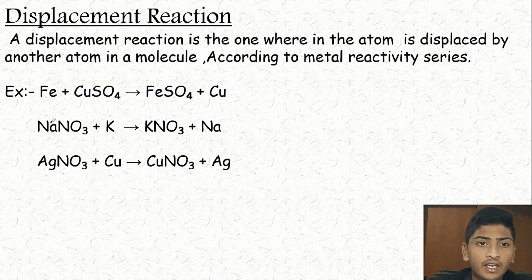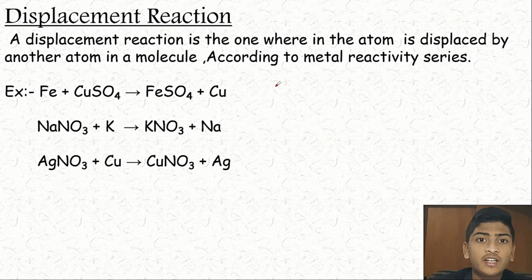And here NaNO3 plus K gives rise to KNO3 plus Na. Here K replaces Na and forms KNO3 and leaves Na. And here AgNO3 plus Cu gives rise to CuNO3 plus Ag.